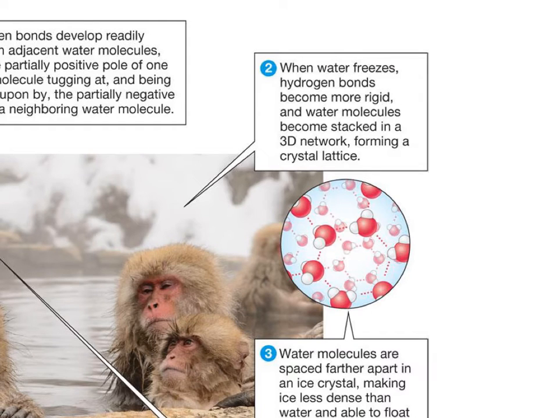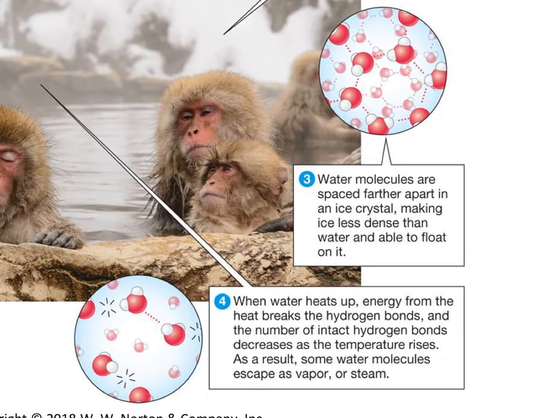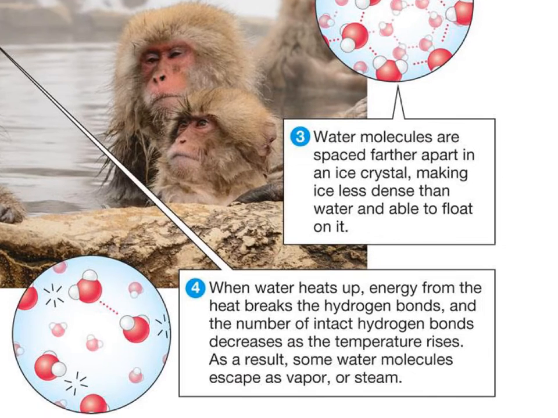When water freezes, hydrogen bonds become more rigid and the water molecules become stacked in a 3D network, which is a crystal. Water molecules are actually spaced further apart in an ice crystal, making ice less dense, which is unusual. Usually a solid is more dense.